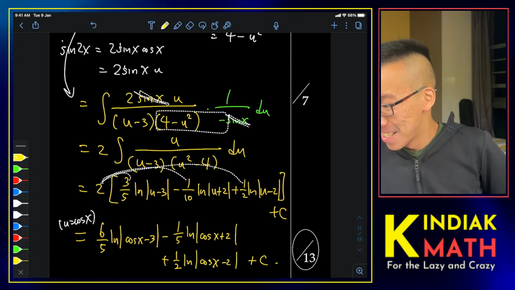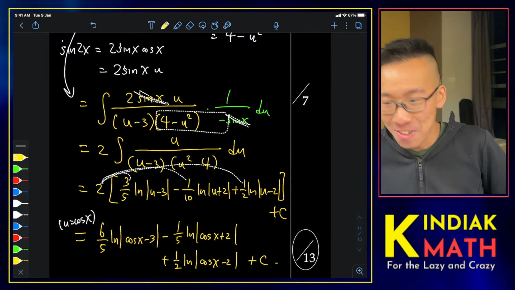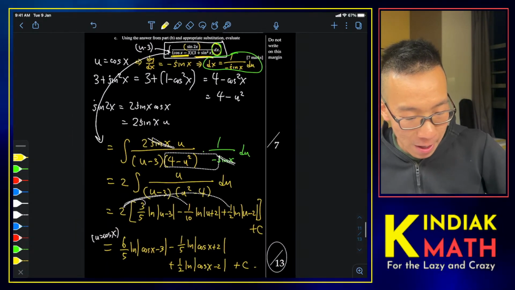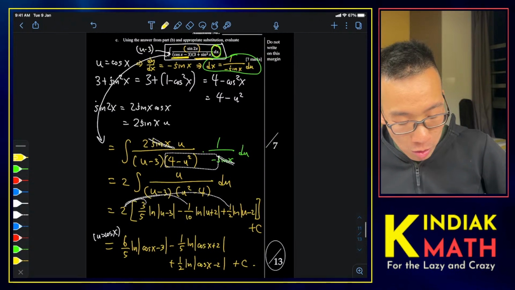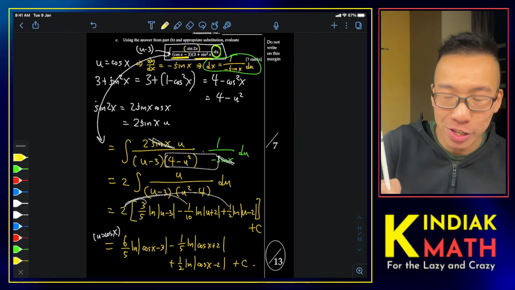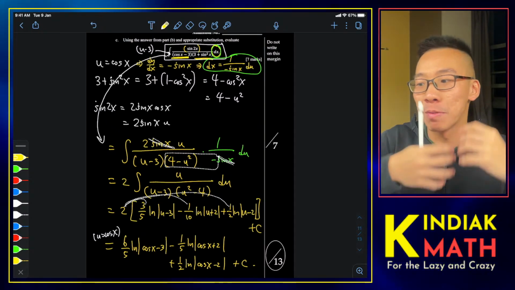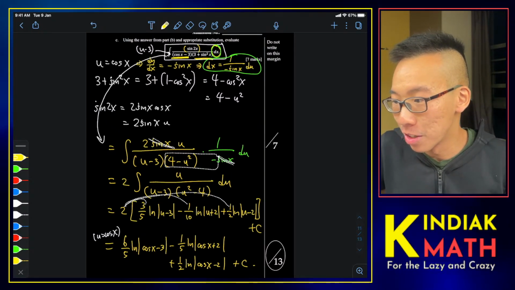Okay. So with enough practice, it's all right. Again, you gotta be patient. You've got to be able to sort of recall some of these trigo identities in order to help you out.